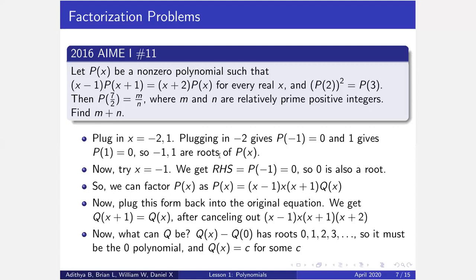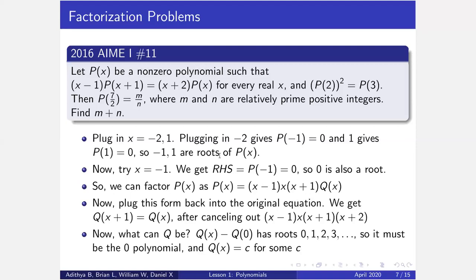I can send it to everyone in chat. So we get p of 2 is equal to 6c, and p of 3 is equal to 24c. So this tells us that 6c squared equals 24c.